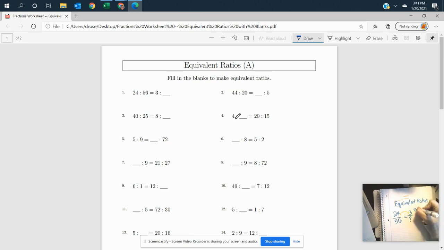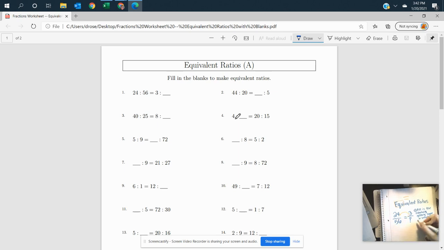So first step you're going to ask is the number getting bigger or smaller? That's our first step. Okay, so if I go from 24 to 3, that means that I'm getting smaller.